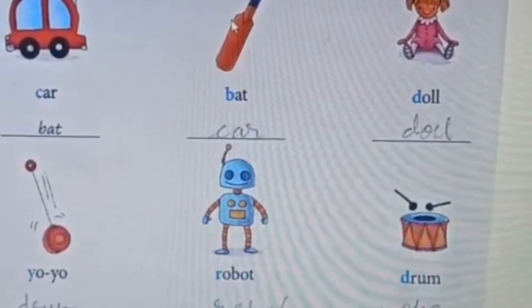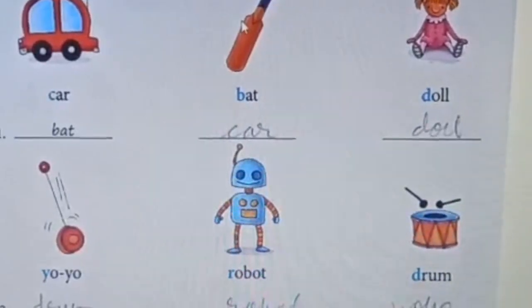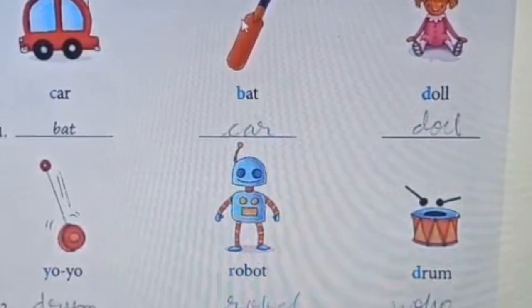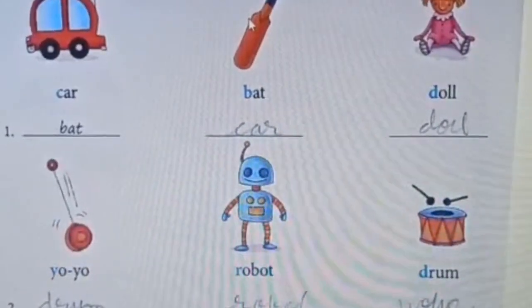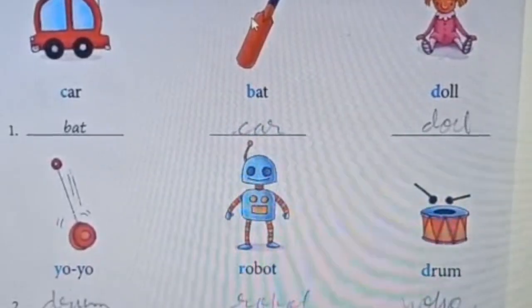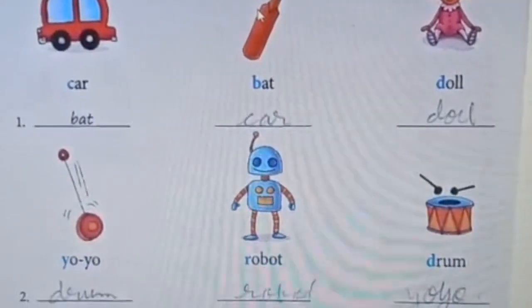We have to arrange these toys in right order. So in first, number 1, that will be bat, car and doll. That is B, C and D. Number 2, drum, robot, yo-yo. The right order will be D, R, Y.